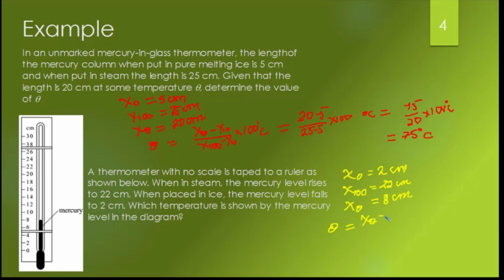Therefore, the temperature theta is equal to x theta minus x0 divided by x100 minus x0. This is equal to 8 minus 2, times 100, divided by 22 minus 2, times 100 degrees Celsius, and this is equal to 6 divided by 20 times 100 degrees Celsius.